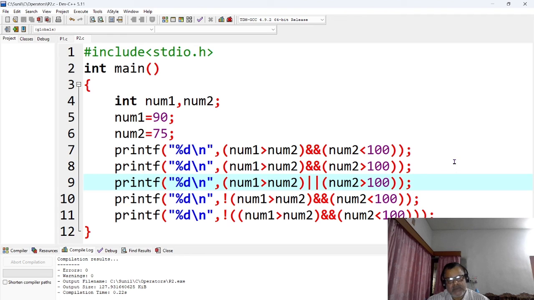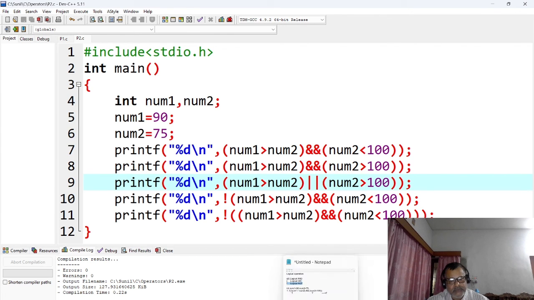But at the last I want to clarify one thing, that there is a difference between relational operators and logical operators. Relational operators work only with two entities, that is either variables or values, but in the case of logical operators, they take two different expressions like this, and on the basis of the different expressions' outputs, they give their own decision.